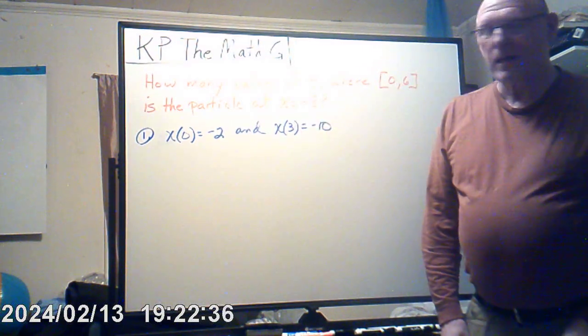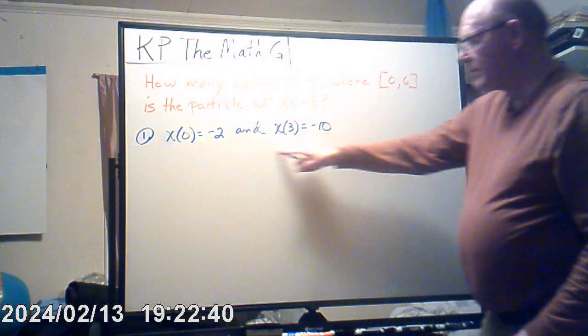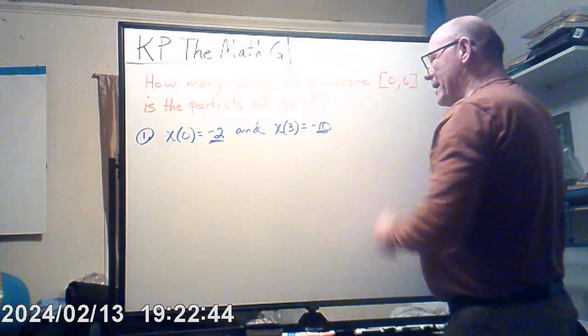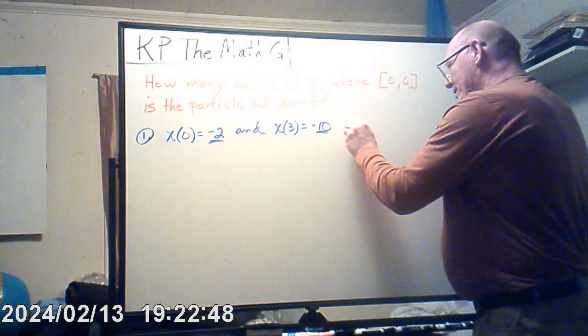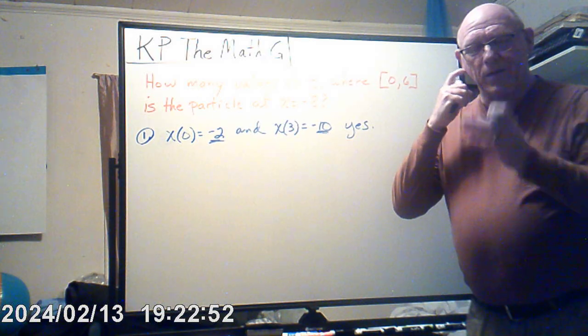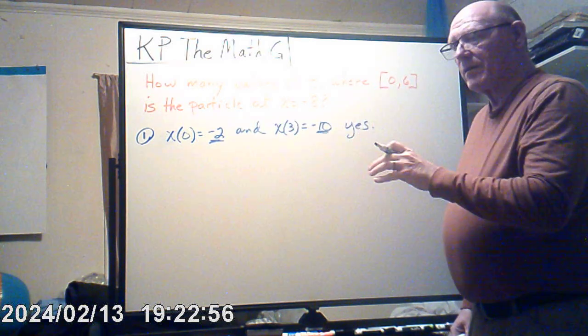So we have -2 and -10. Is -8 between -2 and -10? Yes. That's what we're talking about by the intermediate value theorem.